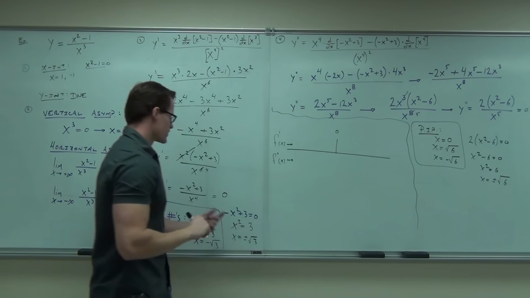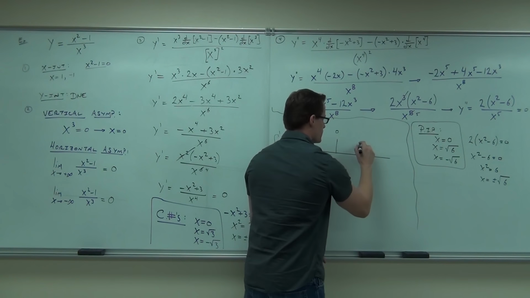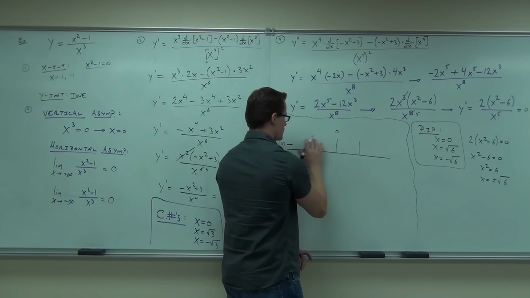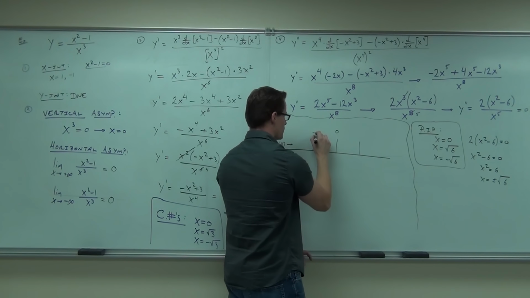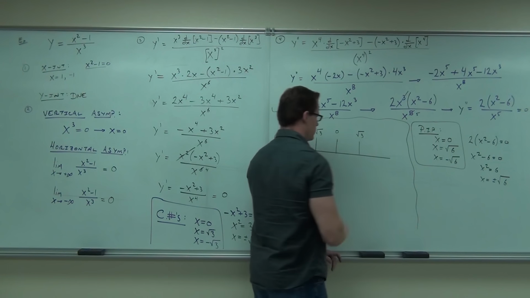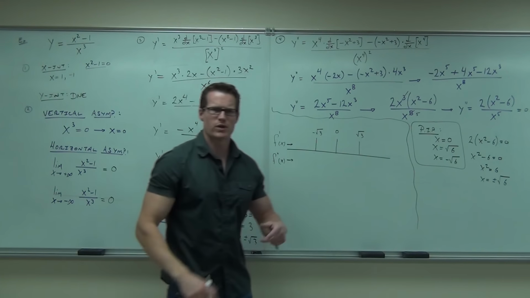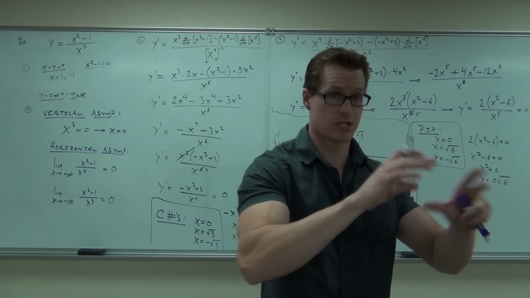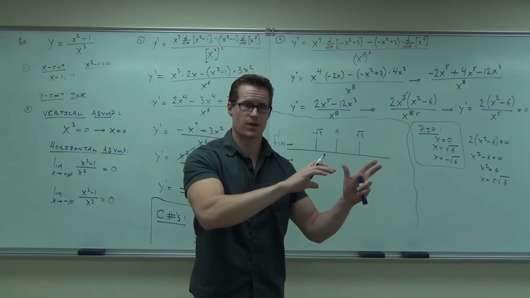You're also going to have something special happen at the square root of 3 and the negative square root of 3. Are you okay with the points that we got from the first derivative, everybody? Negative root 3, 0, 0 especially, and the root 3. Are you okay with that one?